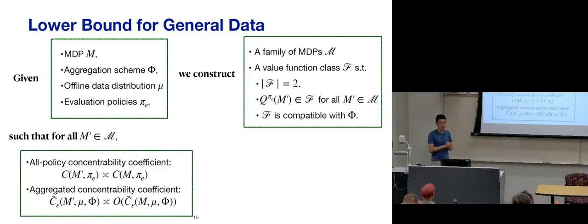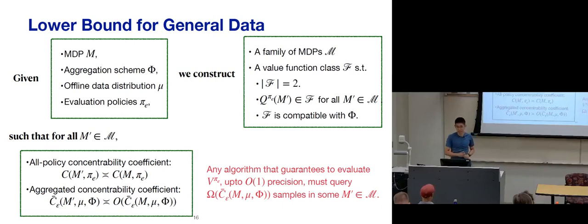We also have that the all-policy concentrability coefficient is of the same order as that of the MDP M, and the aggregated concentrability coefficient is also of the same order for M, mu and this aggregation scheme phi. So any algorithm that can do constant accuracy offline policy evaluation must query at least this aggregated concentrability coefficient number of samples for at least one MDP in this class.